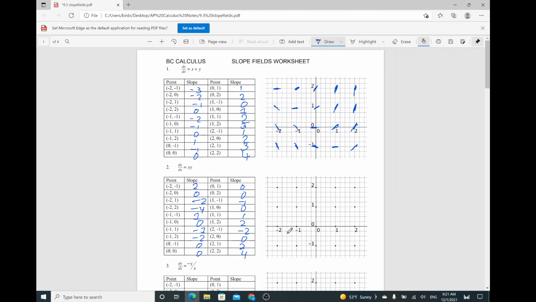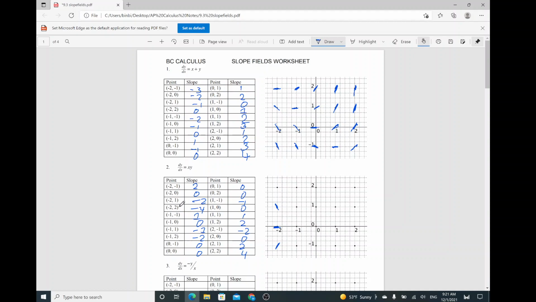At (-2, -1), starting right here, the slope is +2, so going this way. At (-2, 0), that's 0, so it's flat. And then (-2, 1) is -2, so going back this way.